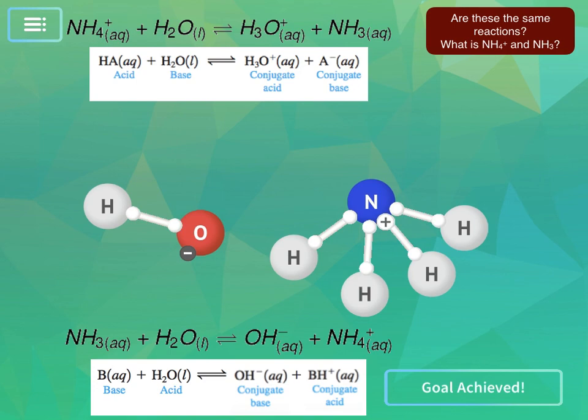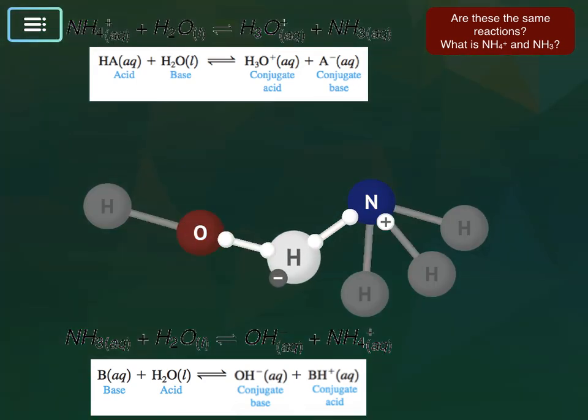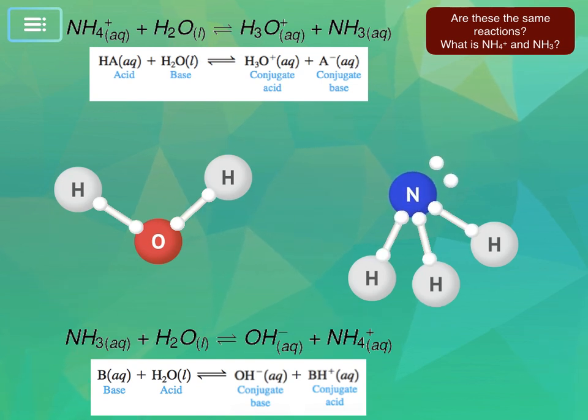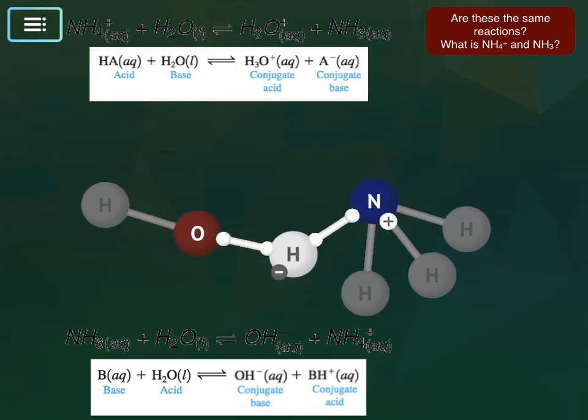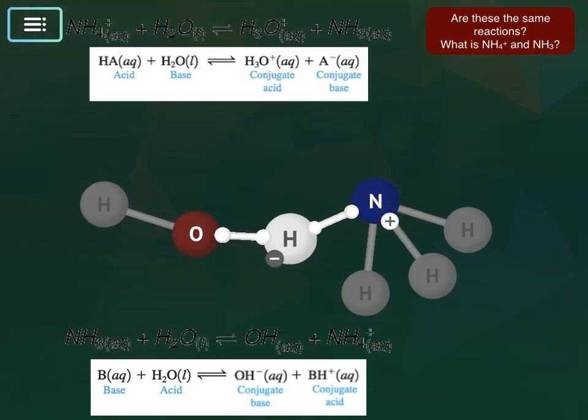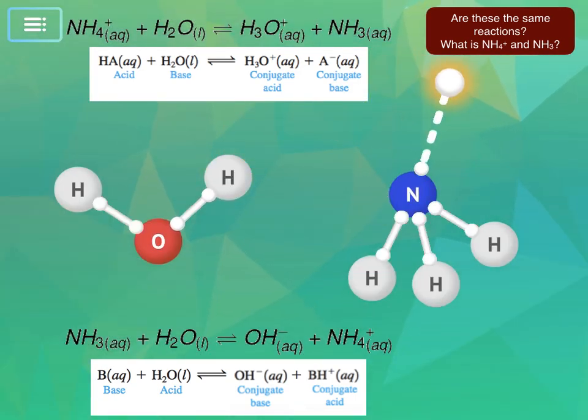In the example provided, ammonium ion generated the conjugate base ammonia. However, this equilibrium reaction is distinctly different from the equilibrium reaction of ammonia with water to produce the conjugate acid ammonium ion. They are related to each other, as we will see, but they are not the same system.